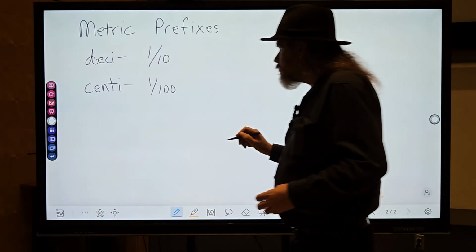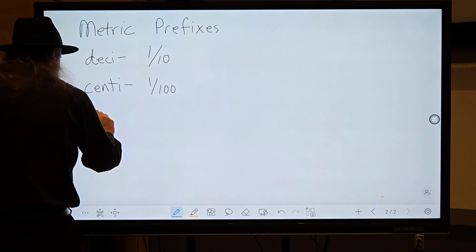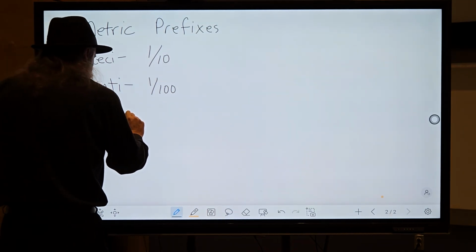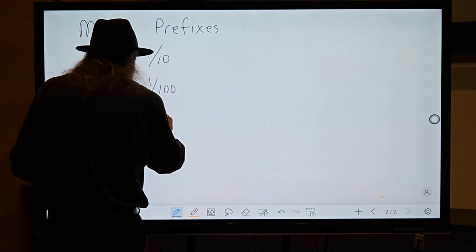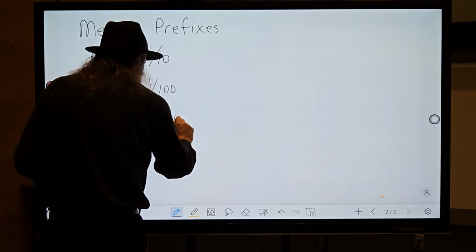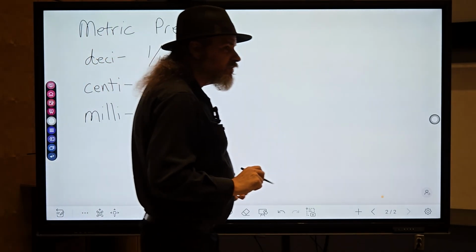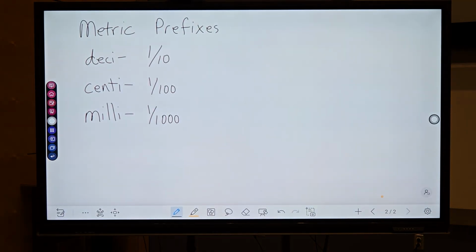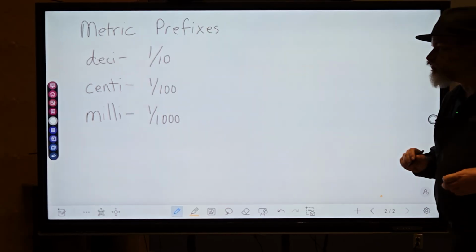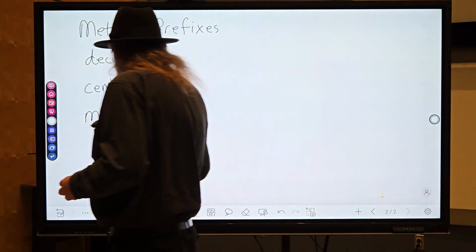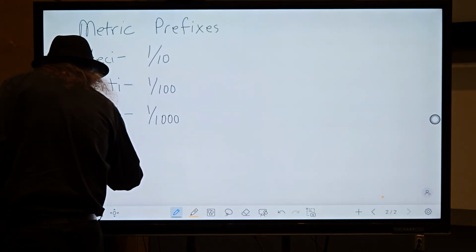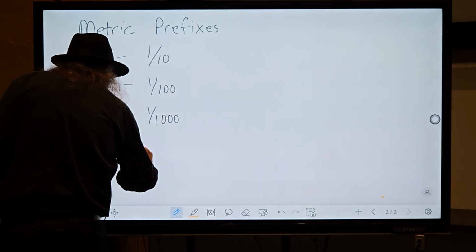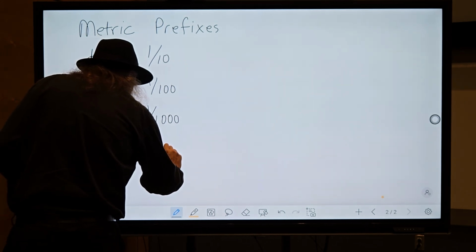Milli is 1/1000th, like a milliwatt or a milliamp, millivolt, for small quantities in that area. Micro, which is 1/1,000,000th.